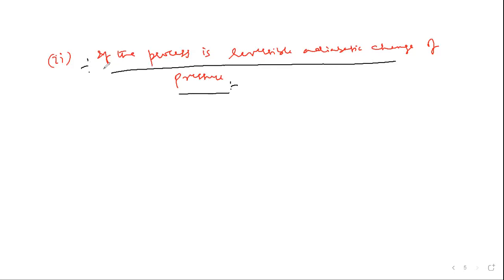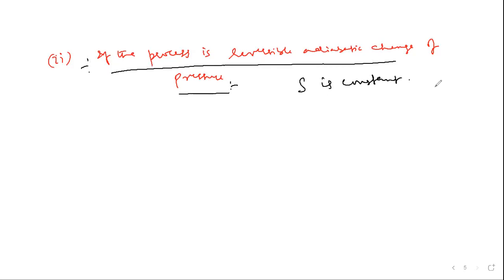During an adiabatic process, entropy remains constant. S is constant, right?